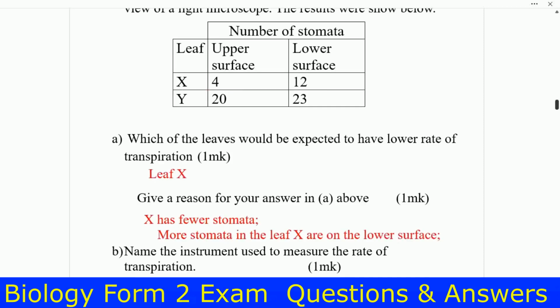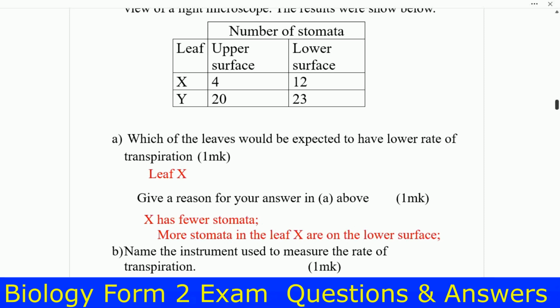You are told which of the leaves would be expected to have a lower rate of transpiration. That one is leaf X. Why? Leaf X has fewer stomata. You can see leaf X on the upper side has 4, on the lower side 12. If you compare with leaf Y, it has 20 on the upper side and 23 on the lower side. So generally X has fewer stomata.